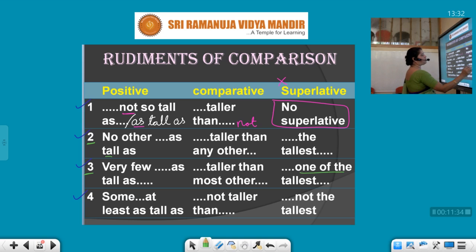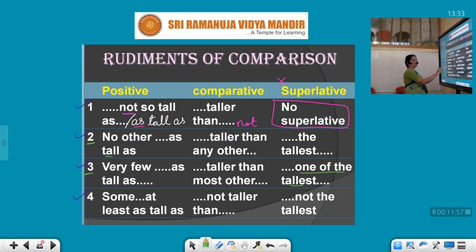One of the tallest. So this is not the tallest, it's one of the tallest. Did you understand? So here, when we come to rule number 3, I can't show that superlative is the highest or the ultimate. I wanted to show that it is one among the others. Superlative is one among the others.